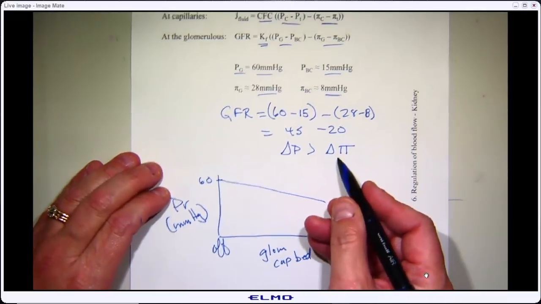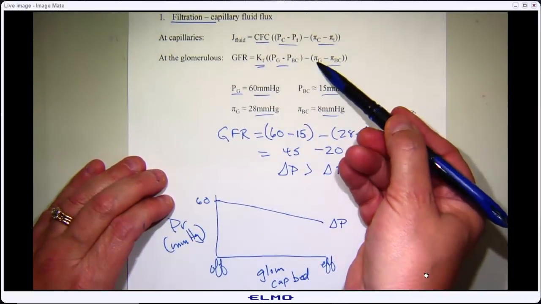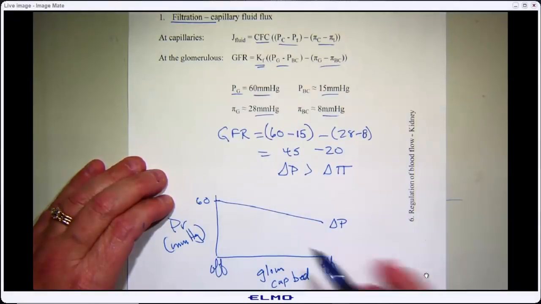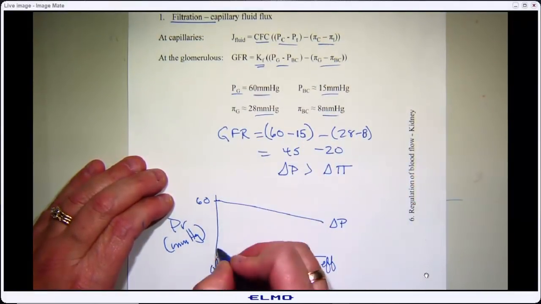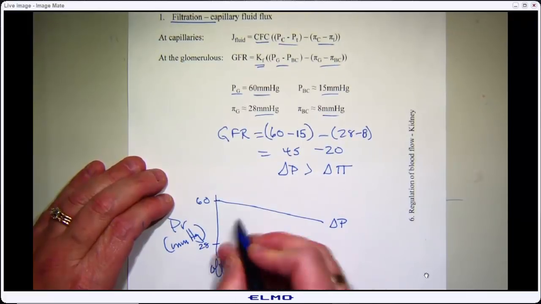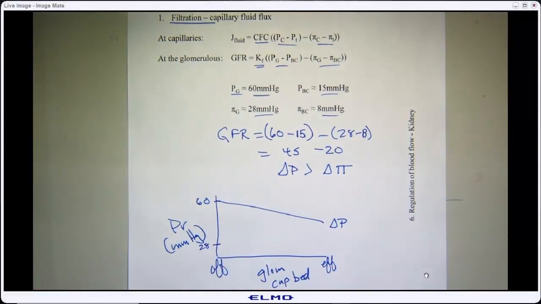Our osmotic pressure in the glomerulus starts out at 28, right? And because we have a lot of fluid filtering, so we have larger slit pores here, we have a lot more fluid filtering across this capillary bed.